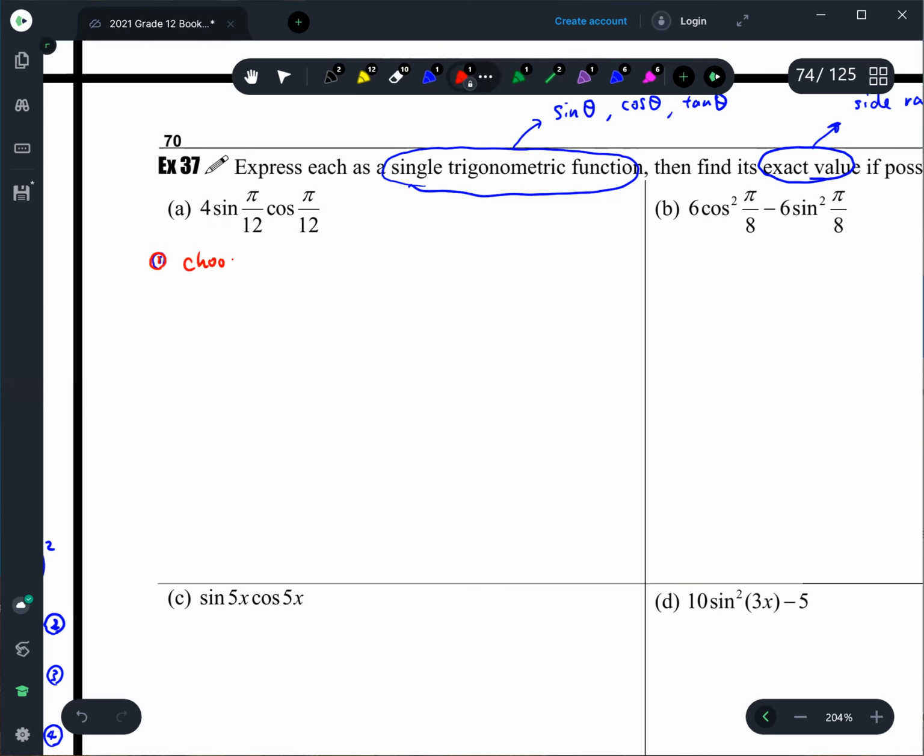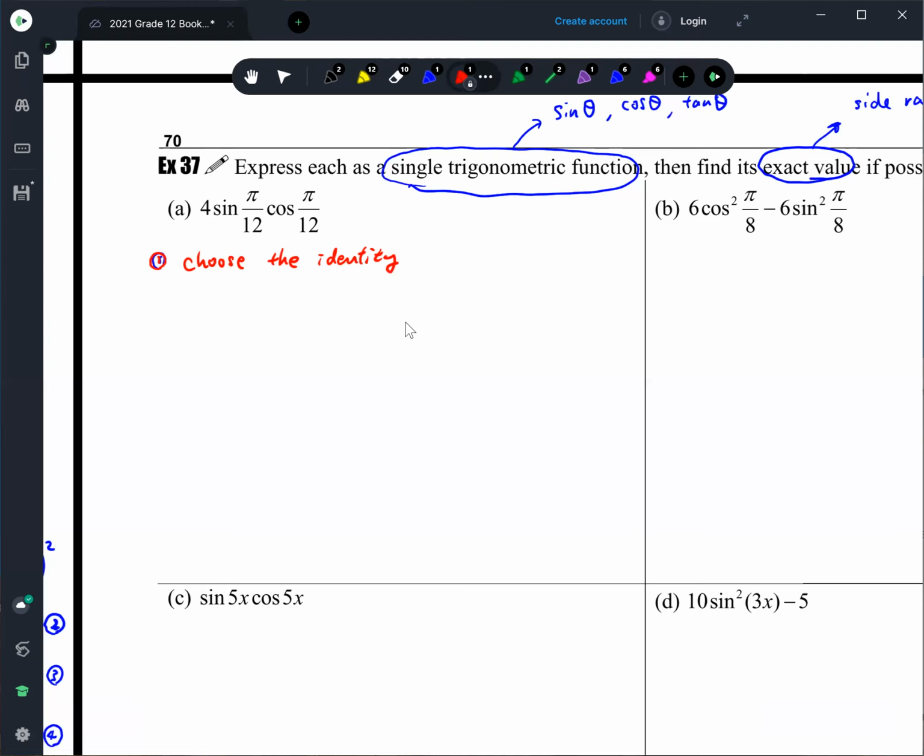Choose the identity. Can you pick the identity that looks closest to this one, from the last 4 that we just covered?